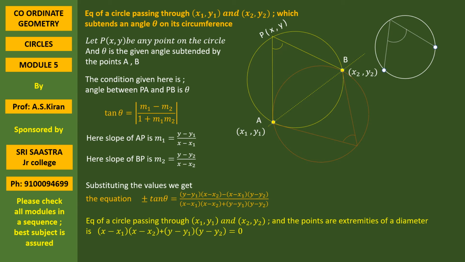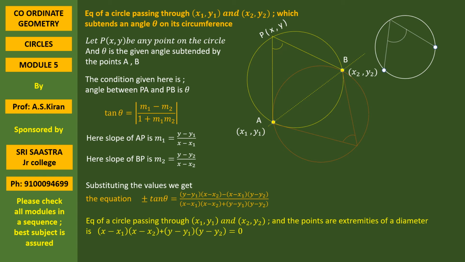That is there in your basic geometry. What do you mean by right angle? 90 degrees. So in place of theta, if you replace 90 degrees, tan 90 gives an indefinite form. When do you get an indefinite form? Provided the denominator is 0. Of course, that itself is the equation of the circle.